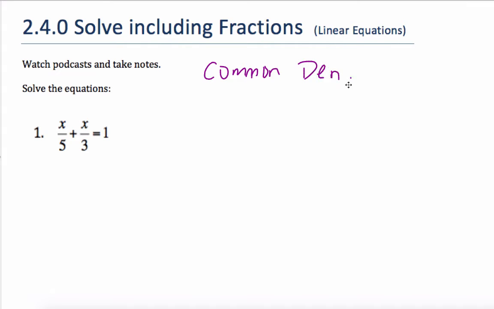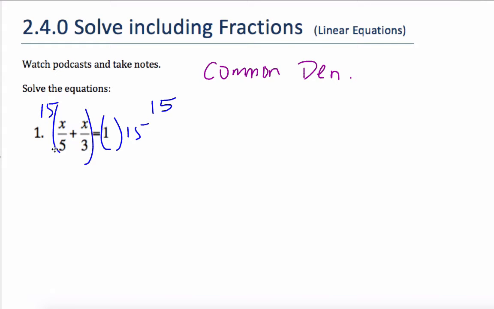With that common denominator, we are going to use it differently than what you did in middle school. We're actually going to multiply through by the common denominator. In this case, my common denominator is going to be 15. So I'm going to multiply the right side by 15 and the left side by 15.